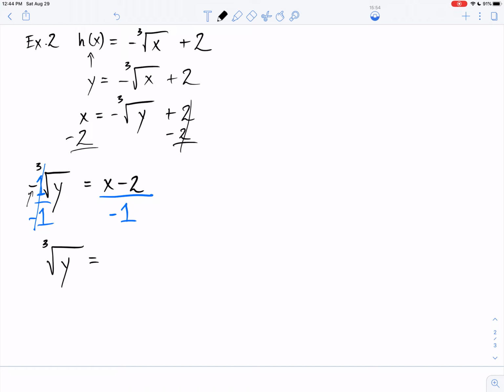Now I told you guys this, get in good habits early. I do not want to write this as this ugly fraction with a -1 on the bottom. So I could either say numerator divided by negative number, that's a negative thing. Or I could run the negative through the top and make the top part negative and the bottom part positive. If the bottom part was positive, I wouldn't even have to write it.